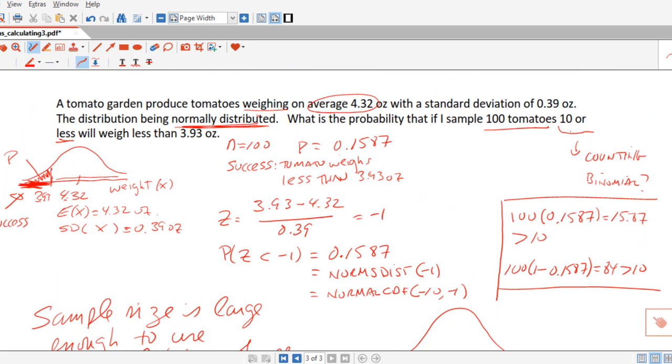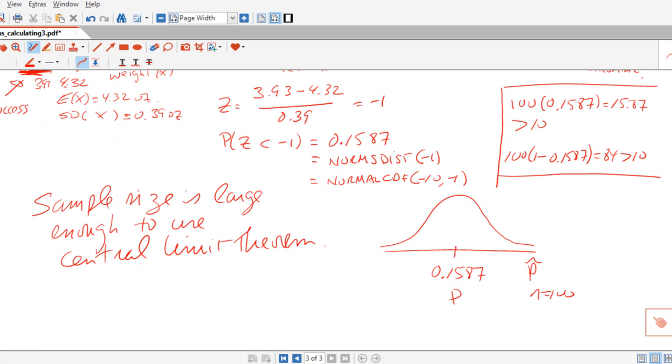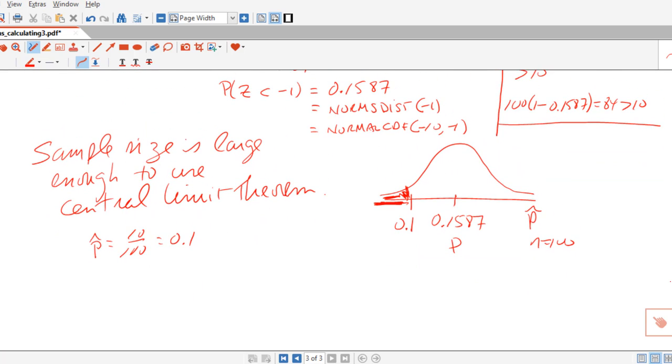I want 10 or less, 10 out of the 100. So 10 out of 100, that's 0.1. So what I'm looking for is 0.1 or less. Again, this is really a binomial question, but I'm going to use the sample proportion to do this calculation instead.